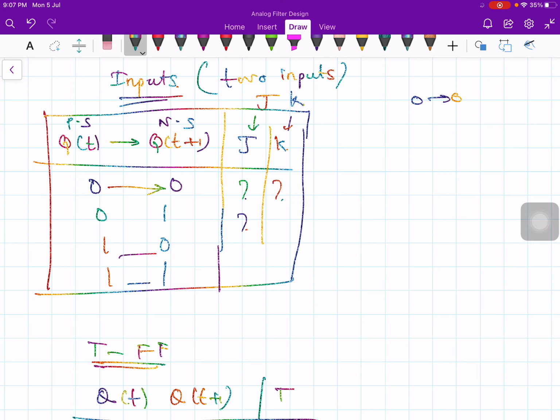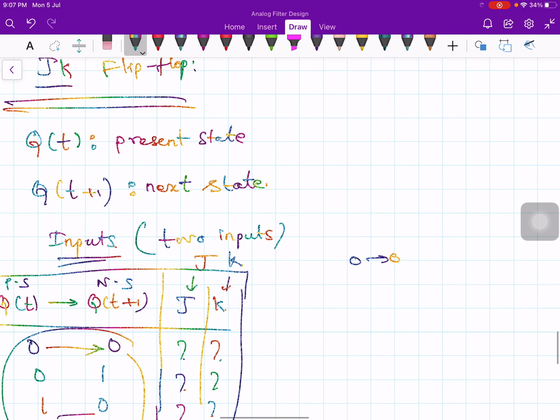These are derived from each of these four transitions, and the information available from the characteristic table. And here we are going to denote one more notation, that is X. X is a don't care condition. What do we mean by don't care condition? It means that it doesn't matter whether the input is 1 or 0.